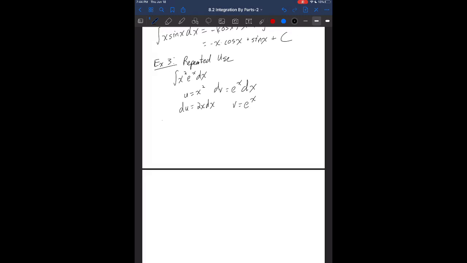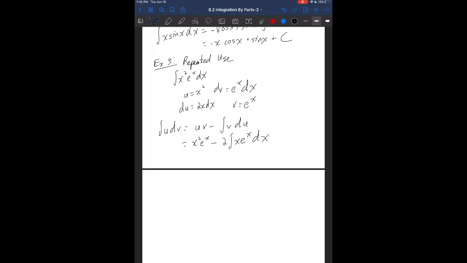Our formula for this is going to be, as we recall, the integral of u dv equals u times v minus the integral of v du. So plugging everything in, we get that u times v is x squared e to the x, and then minus 2 times the integral of x e to the x dx. So the 2 came from the 2x.